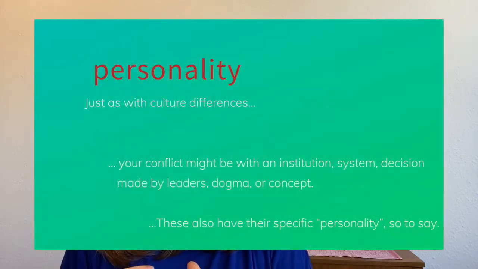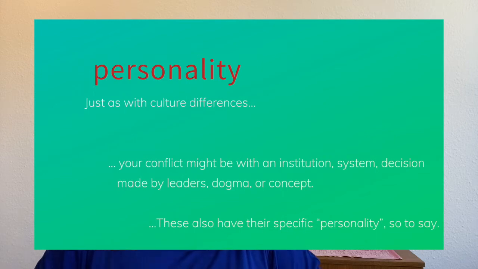Just as a simple example, someone might be straight out, spontaneous, or intuitive, while you are more thoughtful, reflected, and quiet. Again, you might say, well, the conflict doesn't relate to a person or persons, but you might see your issue as one being with an institution, a system, a decision made by leaders, a dogma, or with a concept.